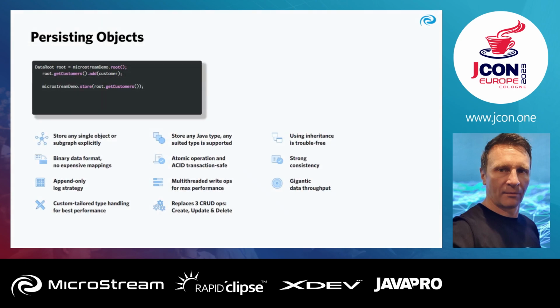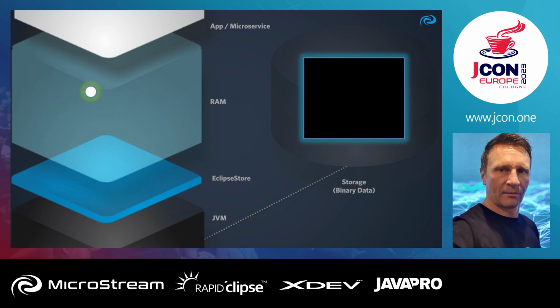Then we can create new objects and add them to the root object here. This is the entry point. We have a root object, and now we can add some objects, and then we just have to call one store method to create a snapshot of the changes on the object graph.